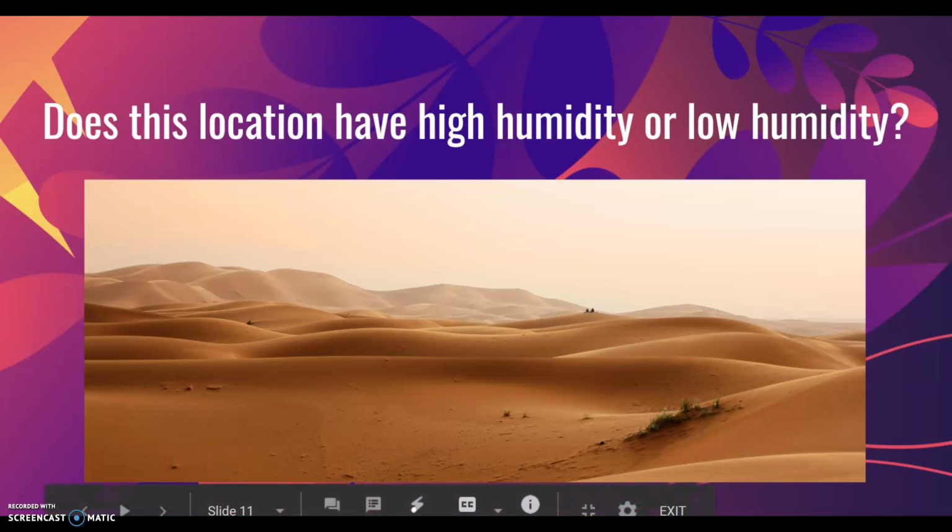Okay. Now can someone raise their hand and tell me why they chose that answer, high humidity or low humidity? When you think of low humidity, think of D for dry and D for desert.